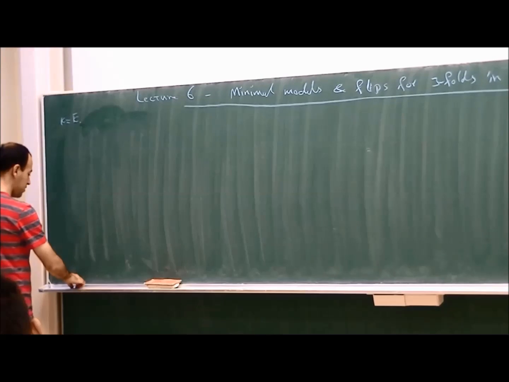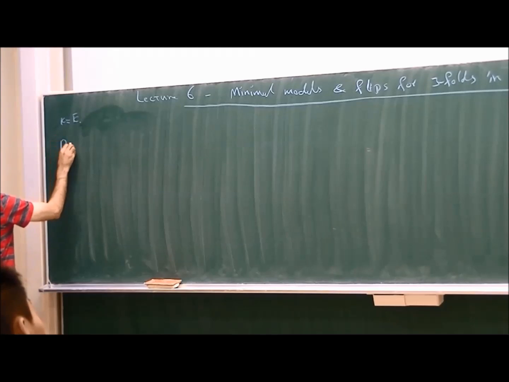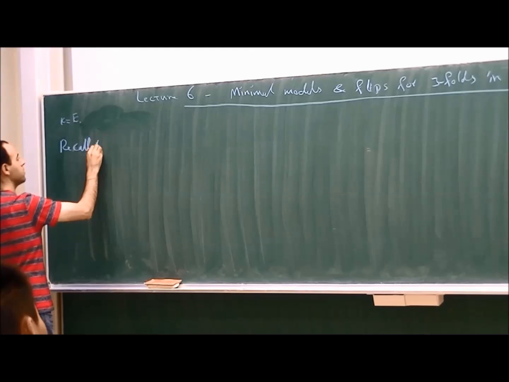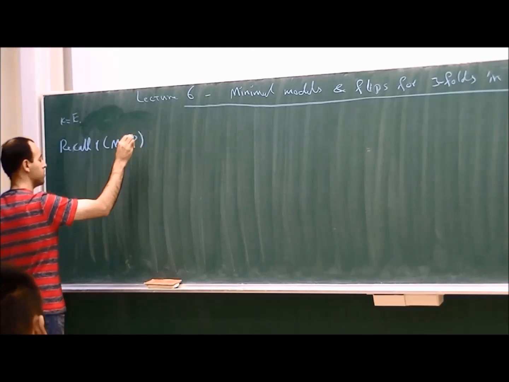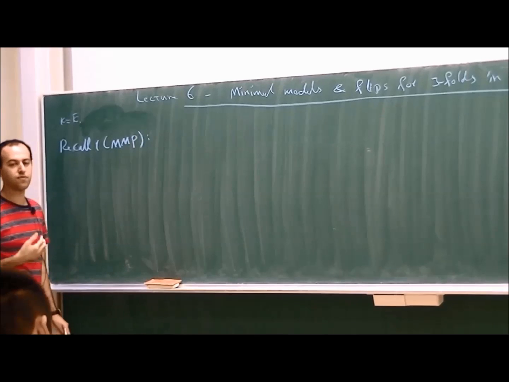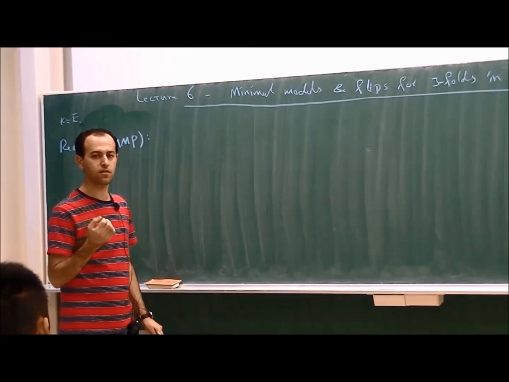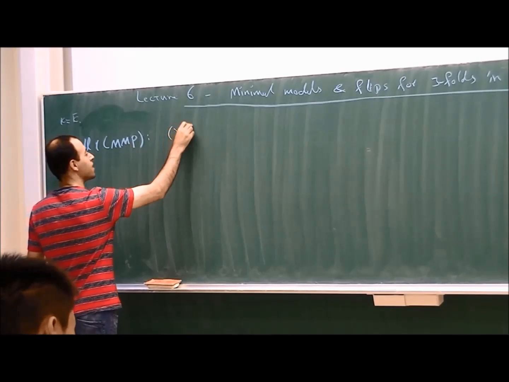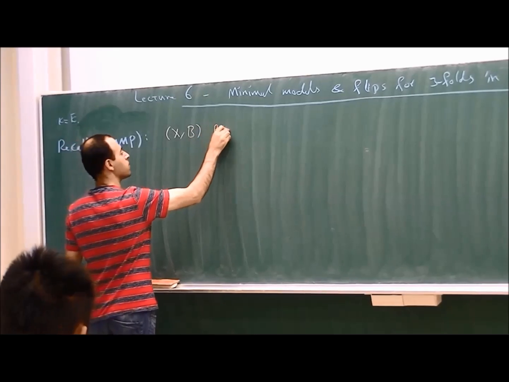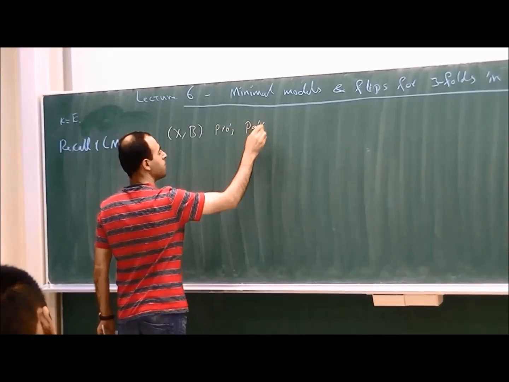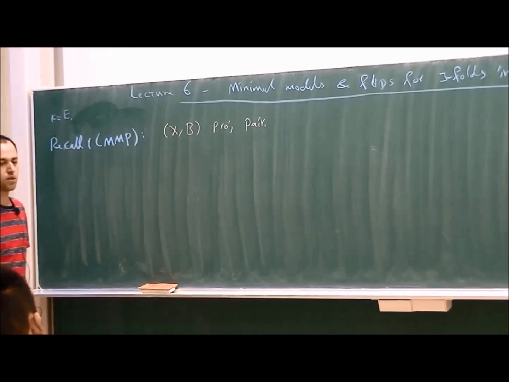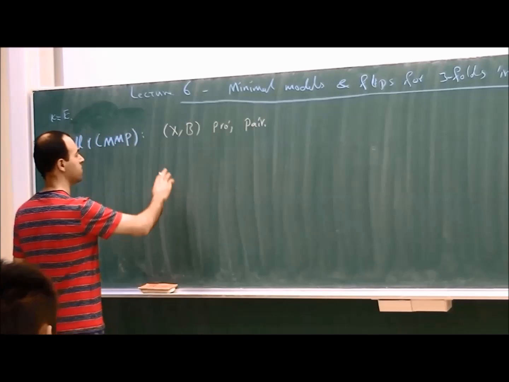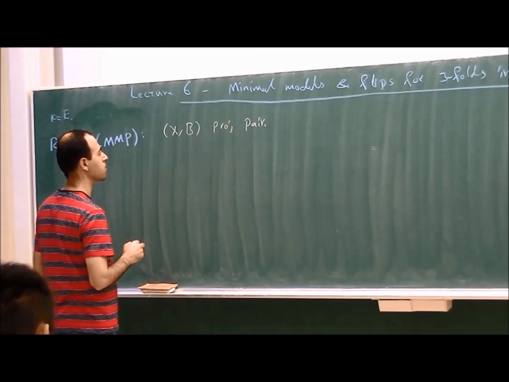So, okay, let me remind you of certain things. Recall running the minimal model program. I have mentioned it a few times during the lecture, but there are certain starting points that I never actually talked about. Suppose that we start with (X,B), let's say this projective pair, because then you can choose your singularities to be klt, canonical, or some other kind of singularities, but for the moment it doesn't matter, just take a projective pair.